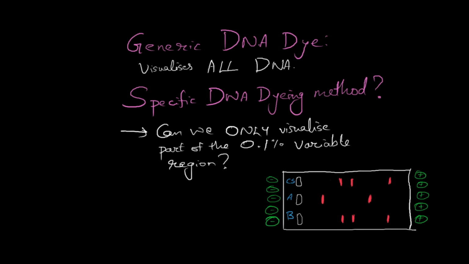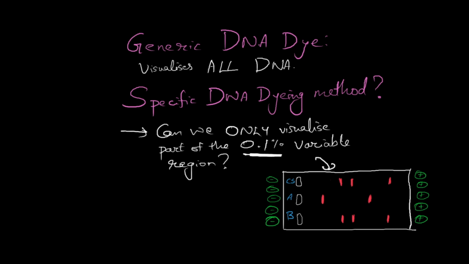And we talked about how it might be possible to use a DNA dyeing method which specifically binds to certain sequences. And what sequences would we want it to bind to? Well, logically, you might think that if 99.9% of the DNA is going to be identical, what if we can specifically target the part of the DNA that actually varies across people? And could we actually get a pattern like this?